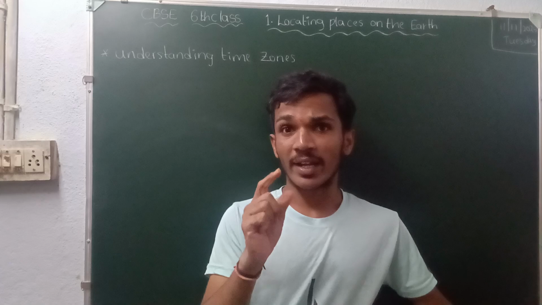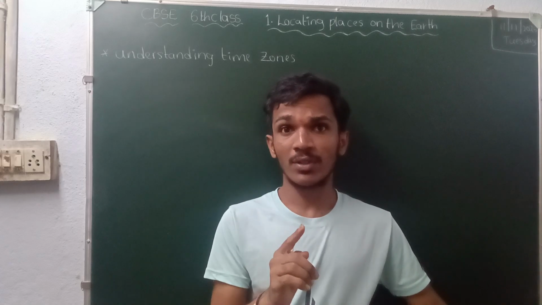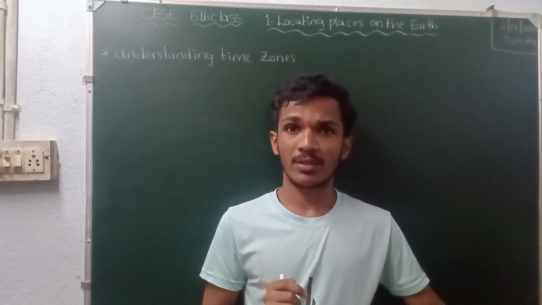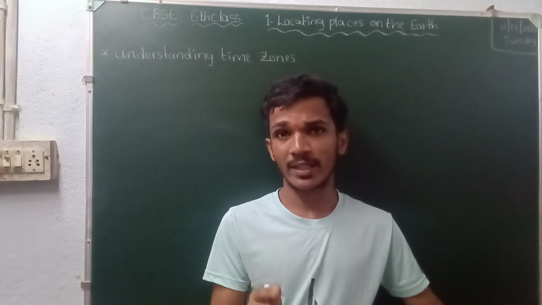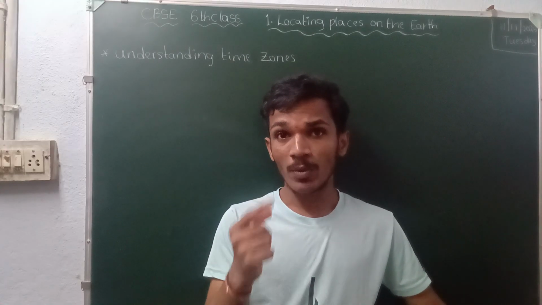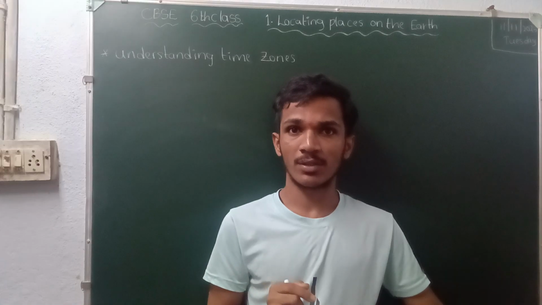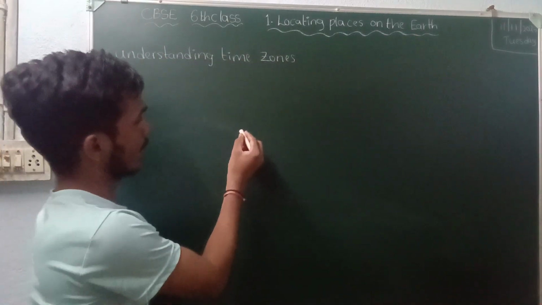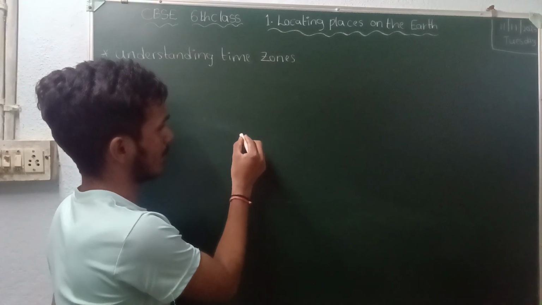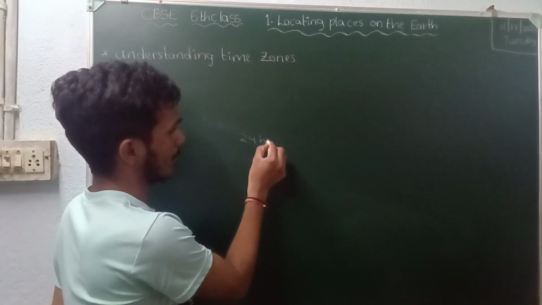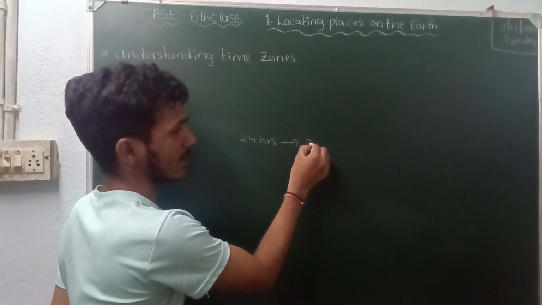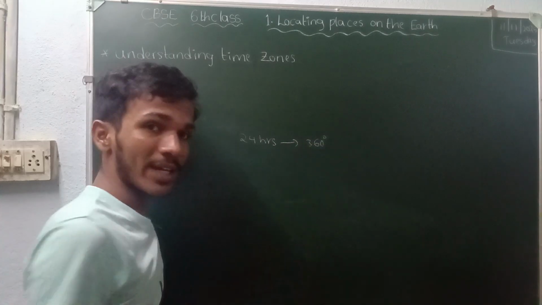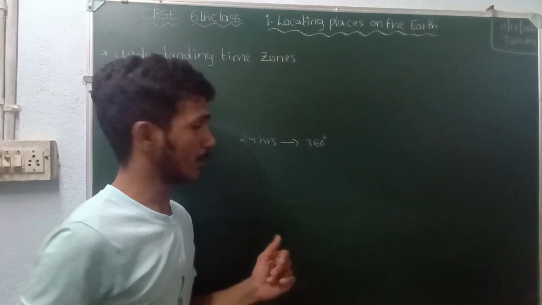So our earth rotates around itself in 24 hours. First we have to calculate how many degrees our earth rotates in 1 hour. For that, in 24 hours our earth rotates 360 degrees. For calculating time we need this concept.